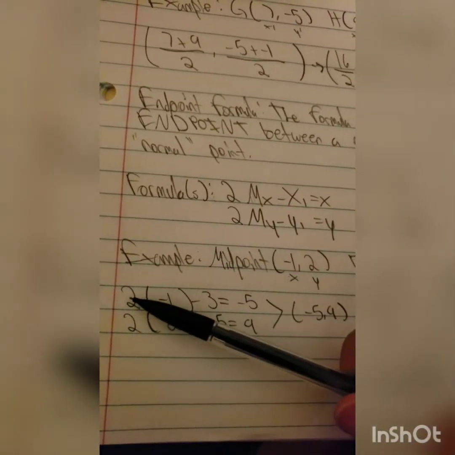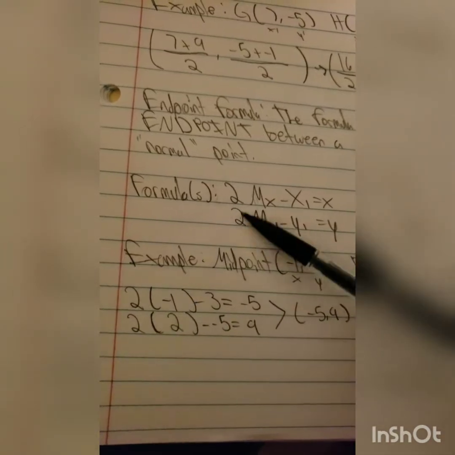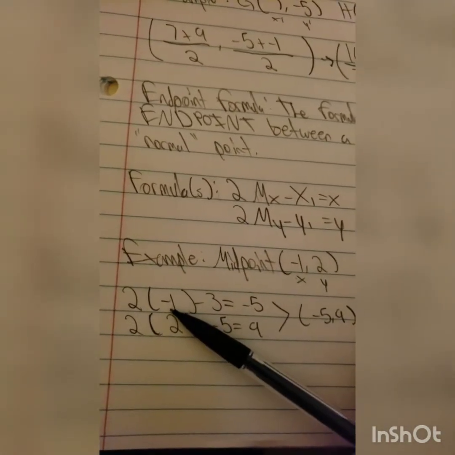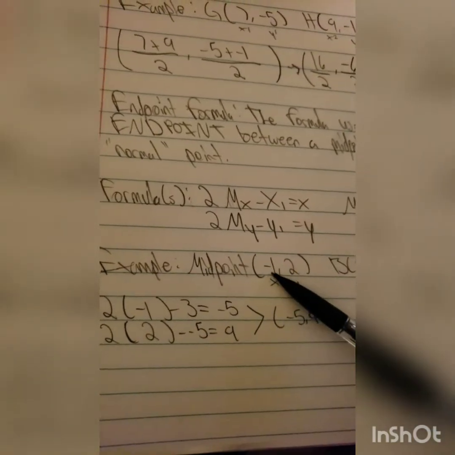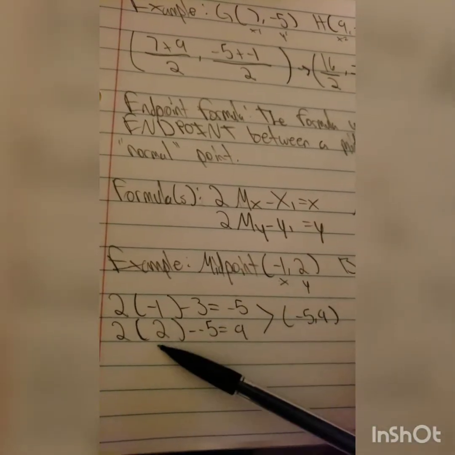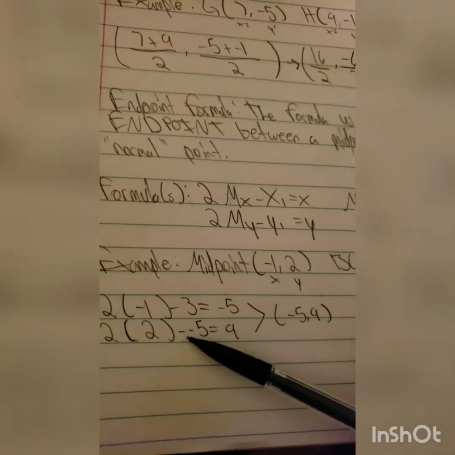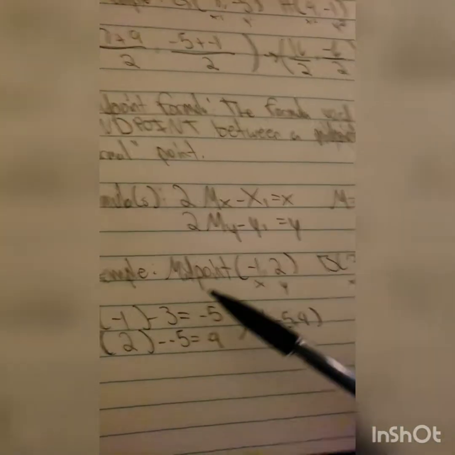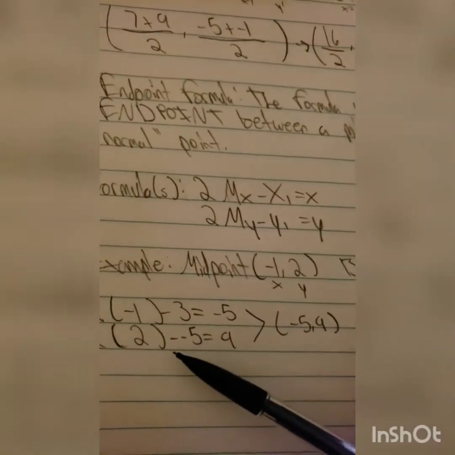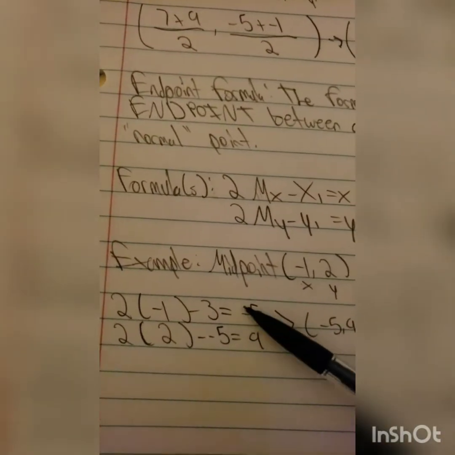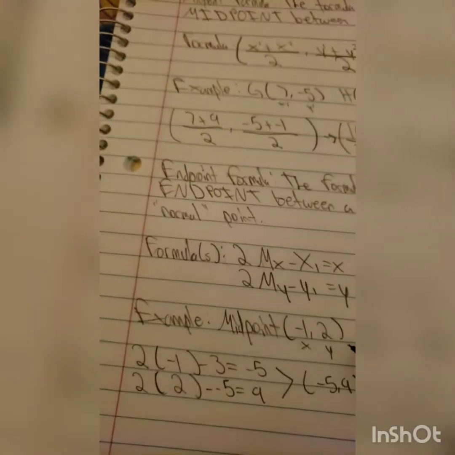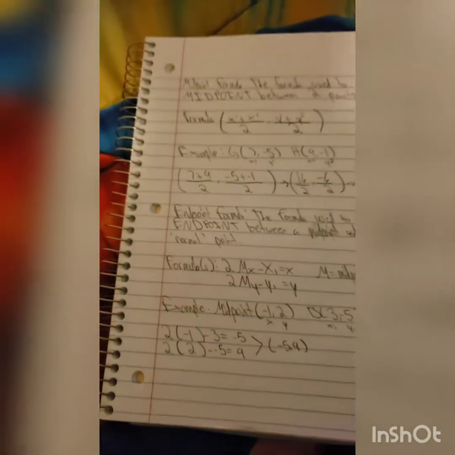You would multiply it into here, or in this case distribute, and negative 1 because that's from the midpoint, 2 here because that's from the midpoint as well, and then these two numbers you get from here. X goes here, y goes here. You solve, negative 5 for x and 9 for y, and that's your endpoint. And that's going to be it.